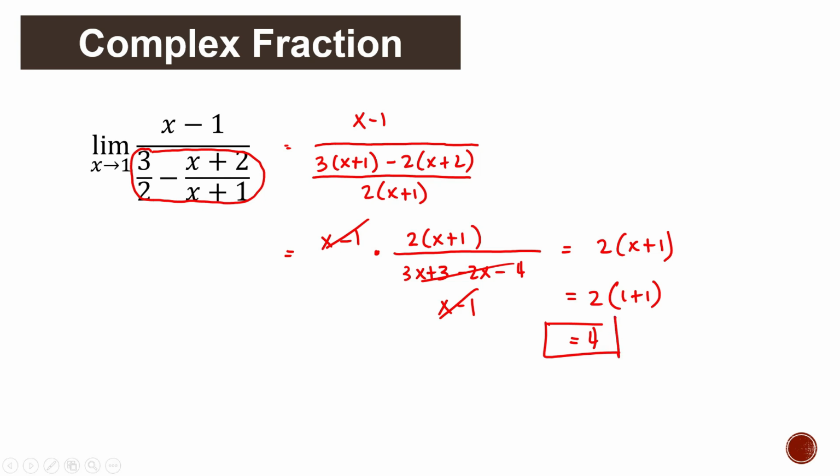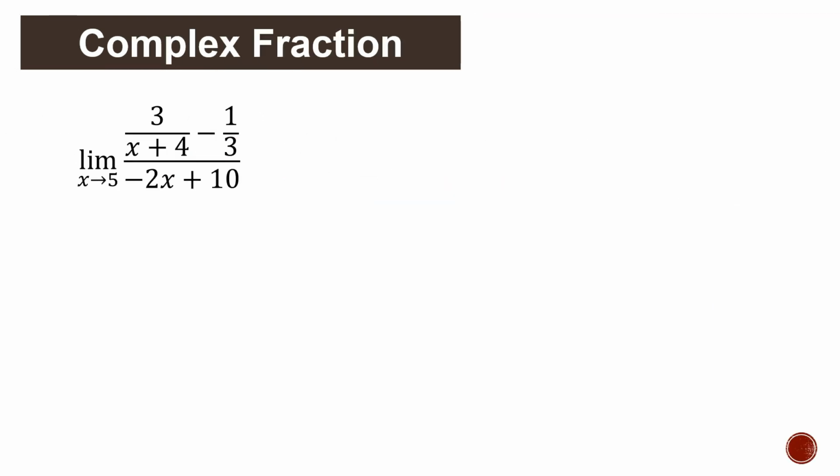Alrighty. Okay, so let's answer the last example. I believe, again, here, if you plug in that 5 in our problem, this will be an indeterminate function. So we don't need to do that. What we will do first is, this time we will evaluate the entire numerator. So cross multiply.